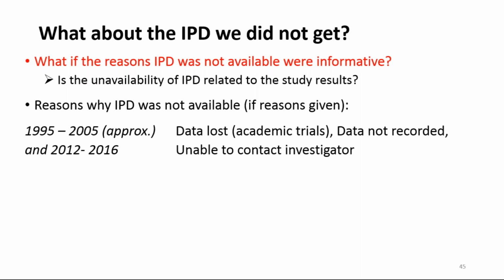Over the 2 time periods, from the team that I work with who conducted the earlier review and also the work that I've been involved in, reasons quoted to us were that data had been lost, the data had not been recorded in the first place, and also there were quite a few examples of where we were not able to make contact with anybody to be able to request that data.